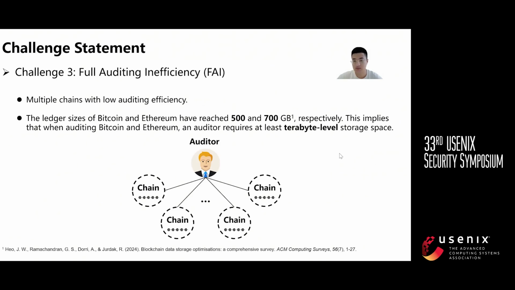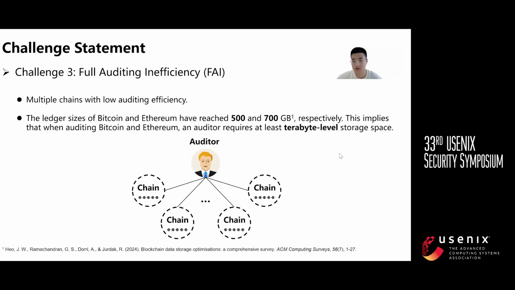For instance, the ledger sizes of Bitcoin and Ethereum have reached 500 and 700 GB, respectively, and they continue to grow over time. This indicates that when auditing Bitcoin and Ethereum, an auditor requires at least terabyte-level storage space.